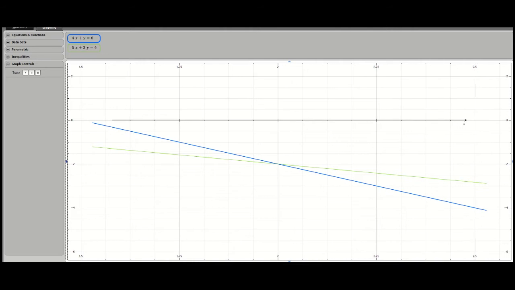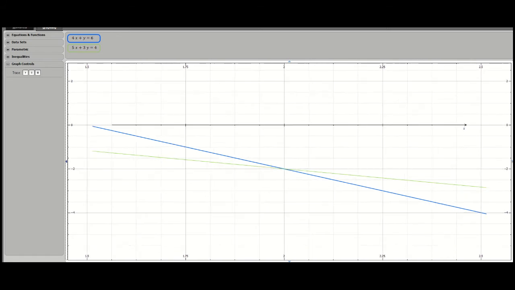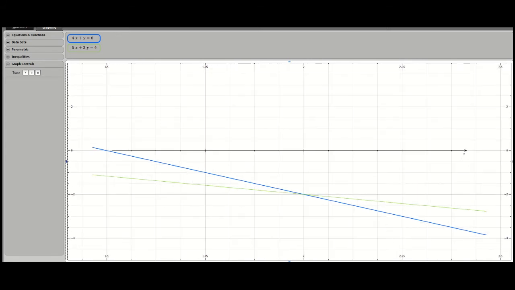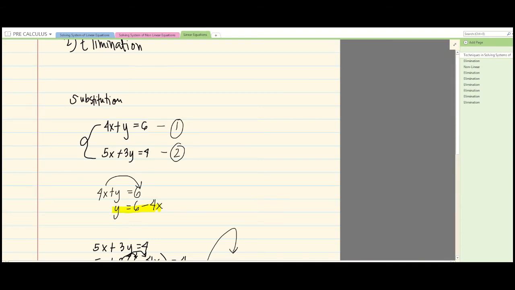Now you can see the y is -2 and the x is +2 here. This is their point of intersection. This is the substitution technique.